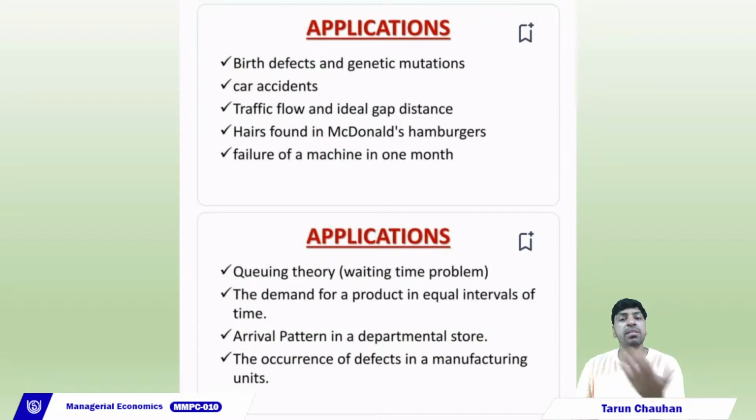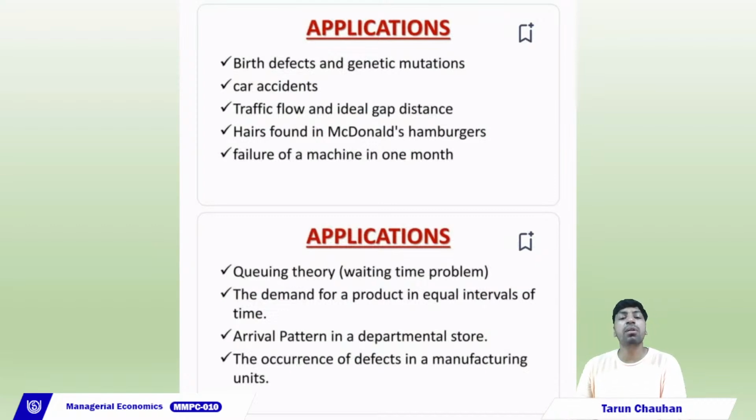So Poisson distribution can be applied to the probability of insects found in KFC chicken. Another application is failure of a machine in 1 month, it could be 1 month, 2 months, any months. So Poisson would be applied.